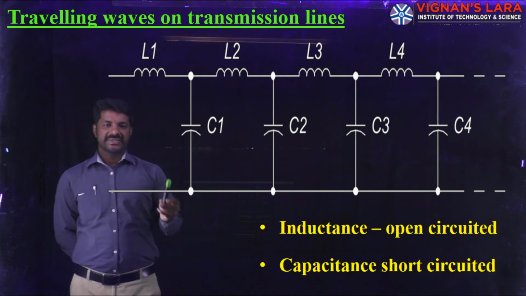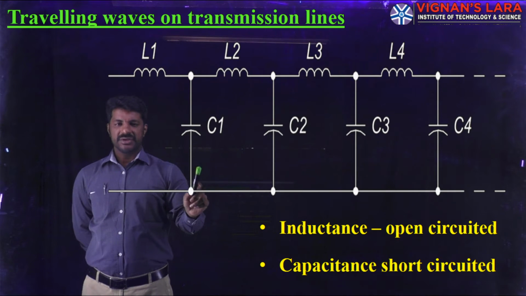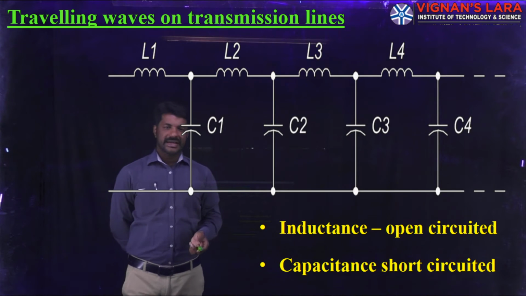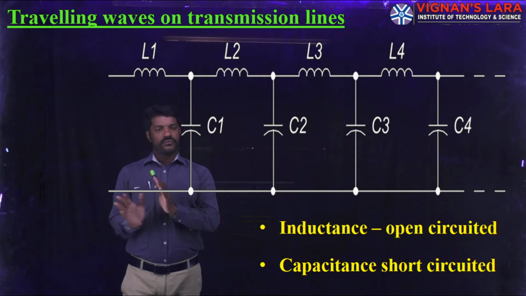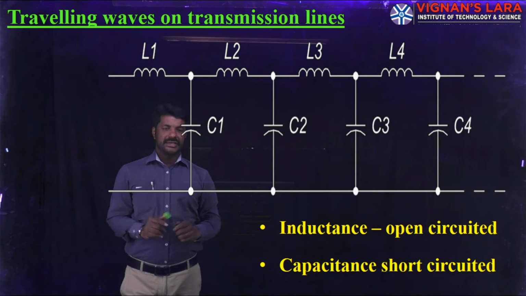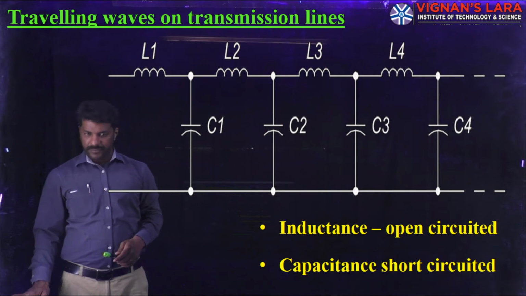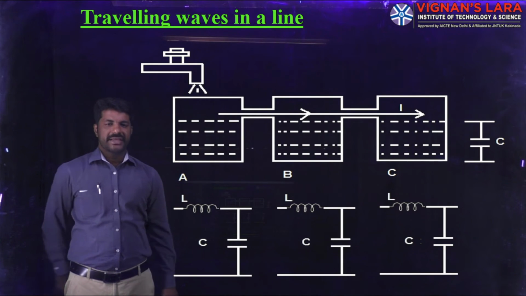So the properties are that inductance acts as an open circuit and capacitor acts as a short circuit. Because of those natures, the voltages and currents don't move instantly from the sending end side to the receiving end side, which we can observe in the next slide with a well-known example.